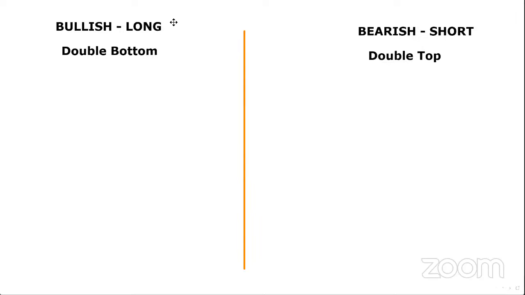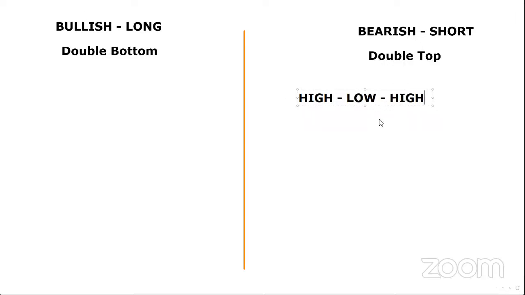So based on this, I would say that the double top consists of 3 points. Okay. Peak, trough, peak. This is the key to understand how it works. So we have peak or high, low, high. See?